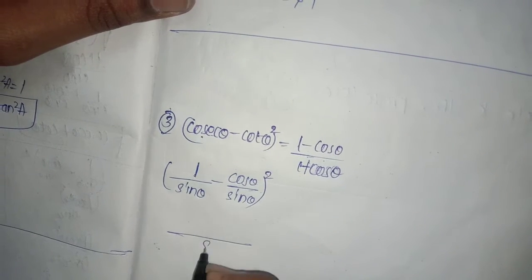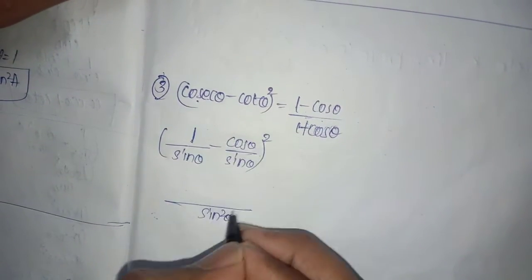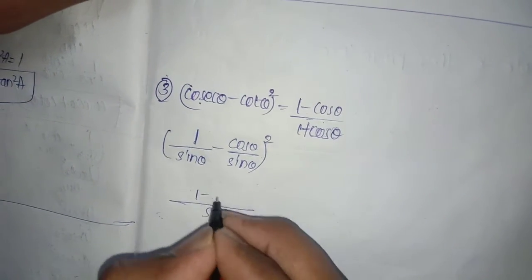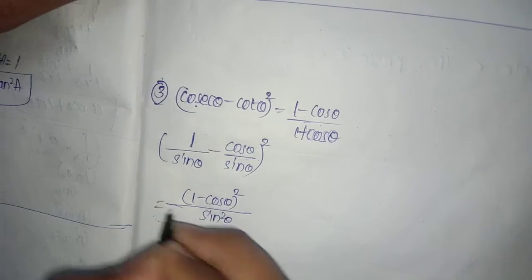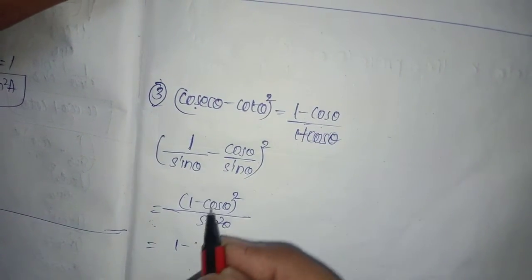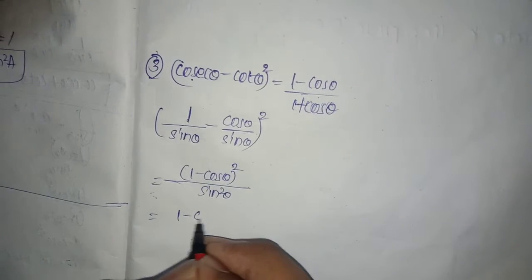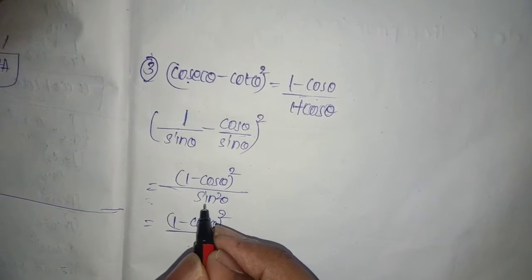So the LCM is sin theta, and because of the whole square, the square applies to sin theta. Next, (1 minus cos theta) whole square by sin square theta. We have to get (1 minus cos theta) by (1 plus cos theta).